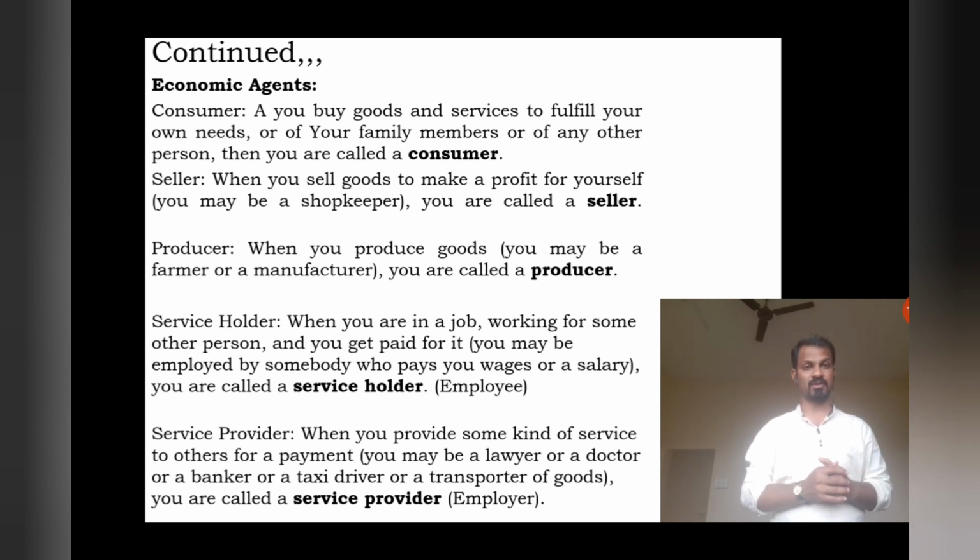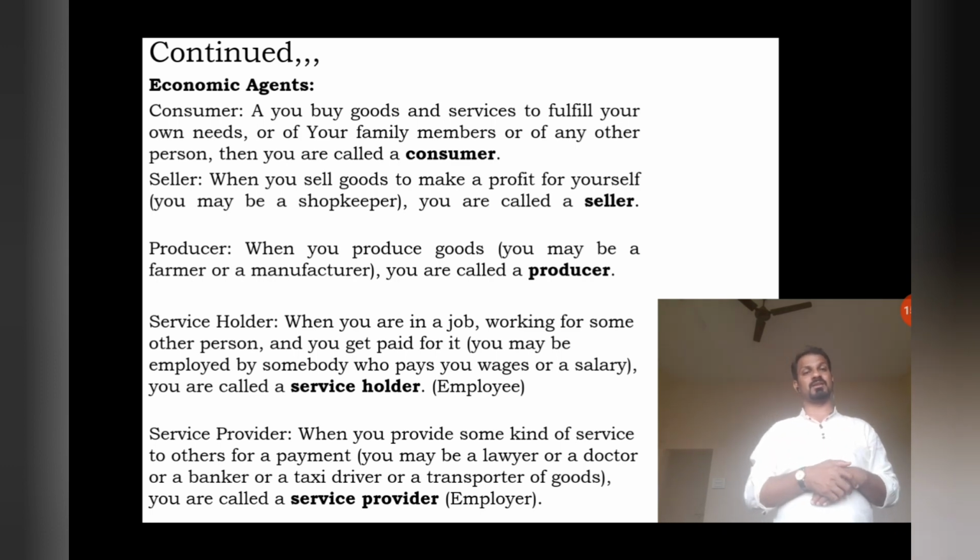Here, we call a person a consumer when he purchases goods and services to fulfill his own wants, or the wants of his family, or the needs of other persons, meaning friends. So if we purchase goods and services to fulfill our desires, dreams or wants, that kind of person is called a consumer.